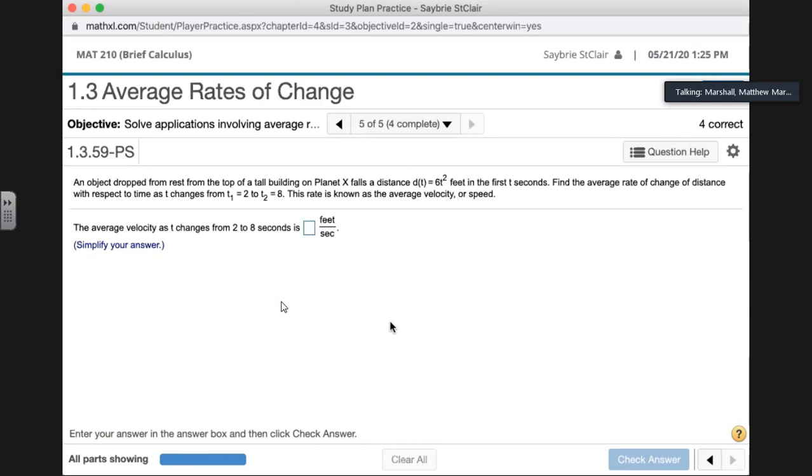So that equation, d of t equals 6t squared, they give you t1 equals 2, t2 equals 8. If you want to switch over, I could show you how to do that one.